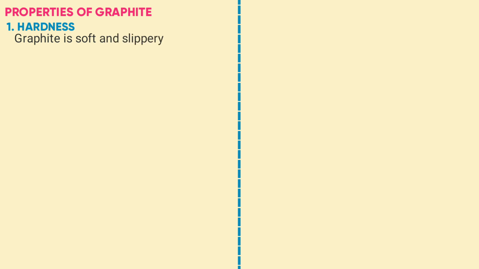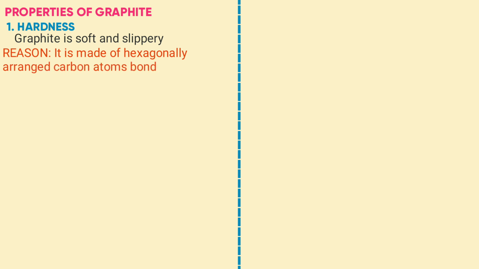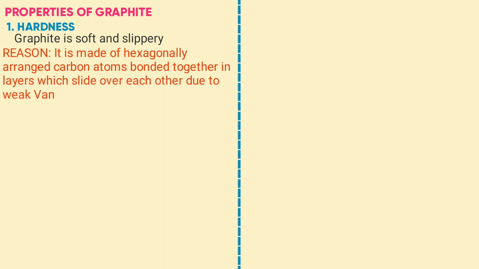Now properties of graphite include: in terms of hardness, it is soft and slippery. Reason: it is made of layers. It is made of hexagonally arranged carbon atoms bonded together in layers which slide over each other due to weak van der Waals forces.